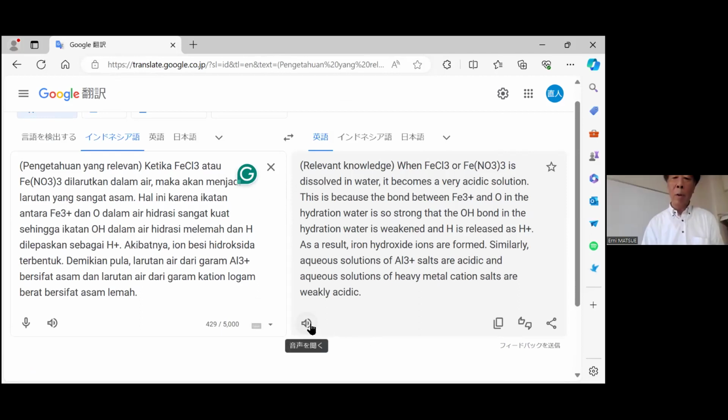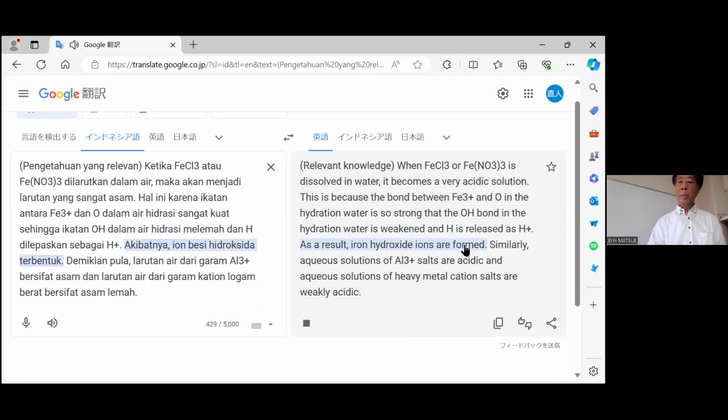Okay. So I will start again. Relevant knowledge: when iron 3 chloride or iron 3 nitrate is dissolved in water, it becomes a very acidic solution. This is because the bond between Fe3+ and O in the hydration water is so strong that the O-H bond in the hydration water is weakened and H is released as H+.